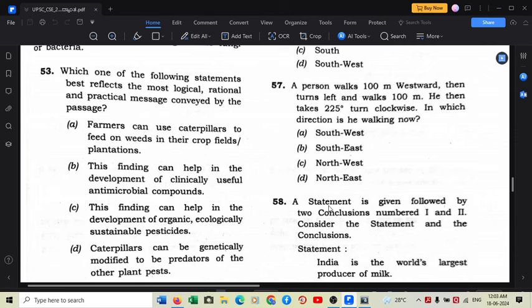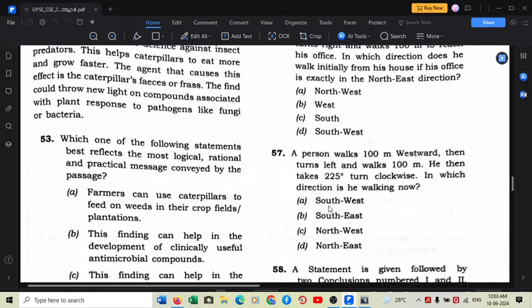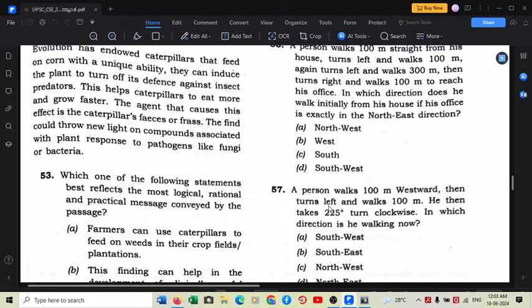So this seems more positive. Option A, farmers can use caterpillars to feed on weeds, definitely can be the case, but the passage is not talking about this. The passage is more about the behavior of caterpillars and how they compromise a plant's defense against pests or insect predators.